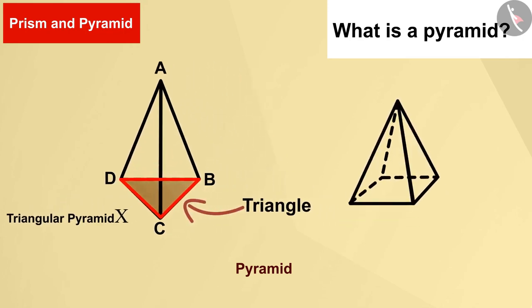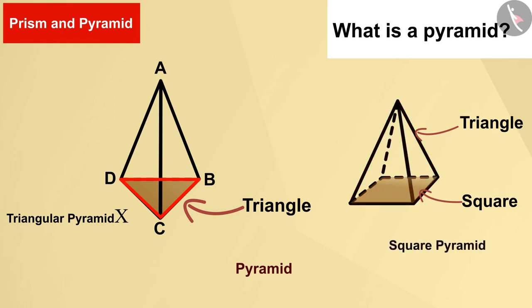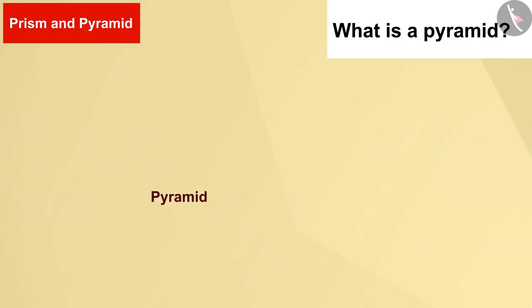Here is another solid figure, whose base is a square and all other faces are triangles. Can you see that there is a triangle on each side of the square? This solid is a square pyramid because its base is a square. So, how can we define a pyramid now?